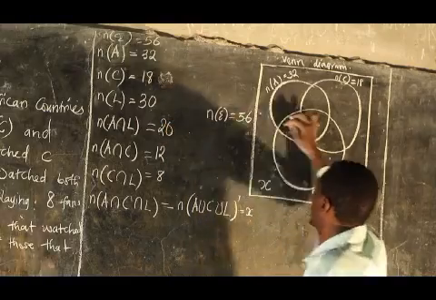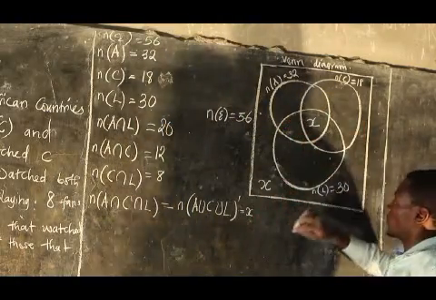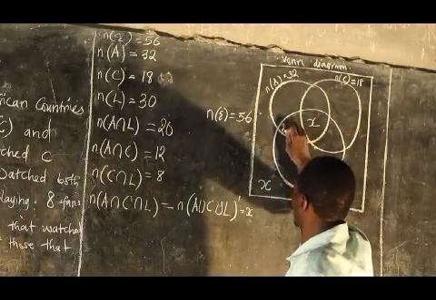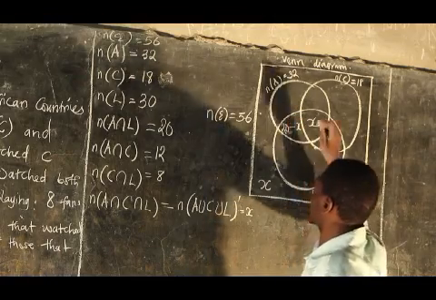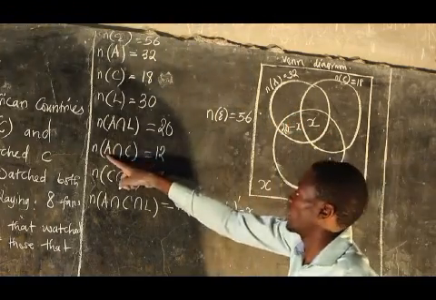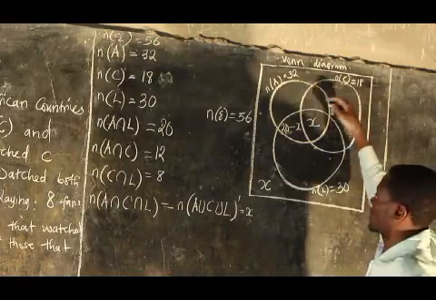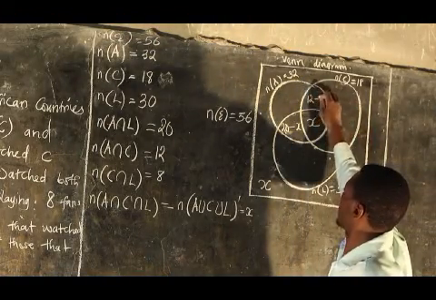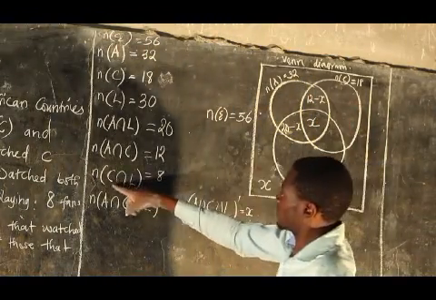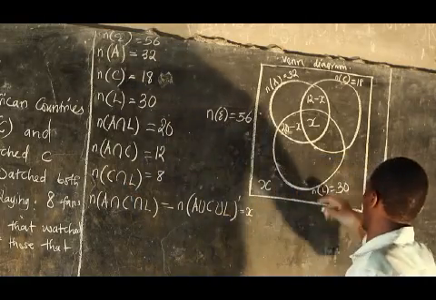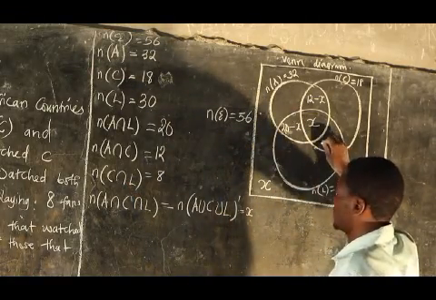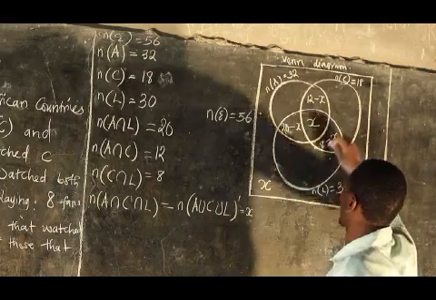But remember this 20 is for all this portion, so we get 20 minus X. To do the same for A intersection C, it is 12 minus X. C intersection L is 8 minus X.